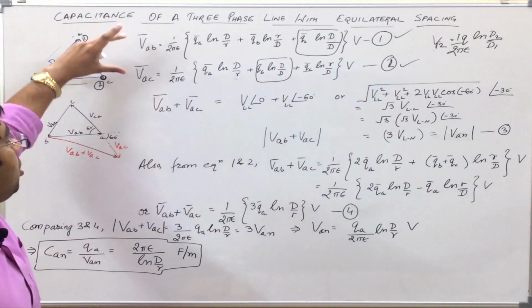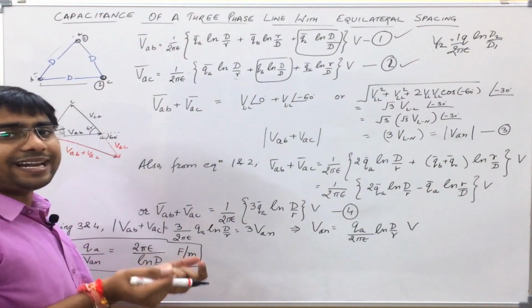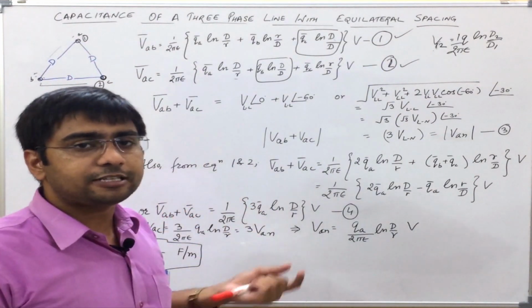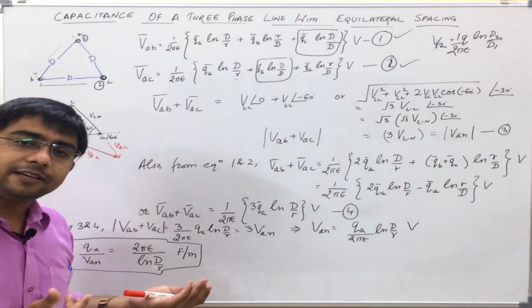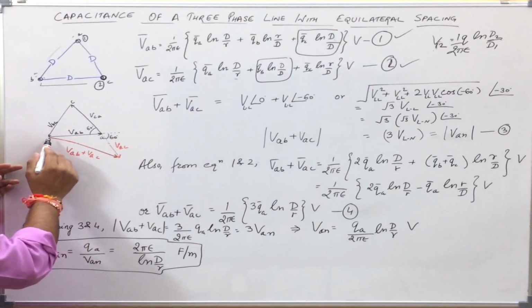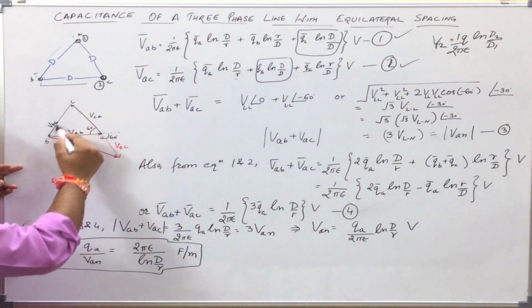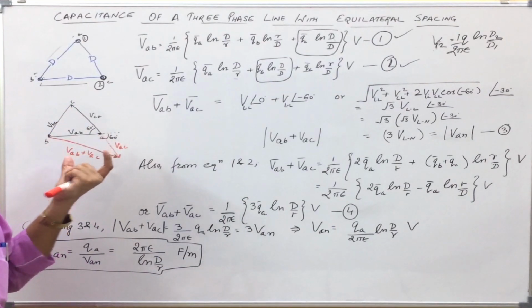Now before going to further steps, let us see how we can represent these two voltages in phasor form also. As we know, this is a balanced three-phase system which we have taken in our case. So I can represent VAB, VBC, VCA as sides of an equilateral triangle.